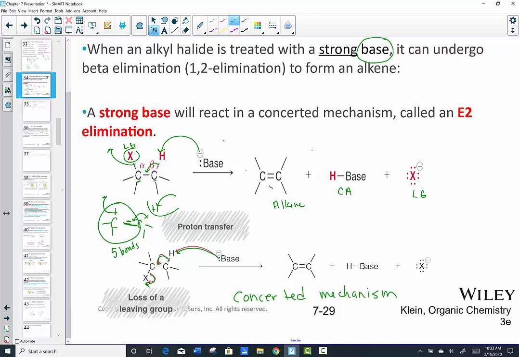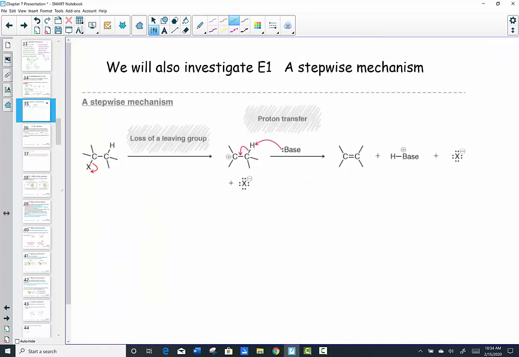That's the driving force behind the leaving group getting shoved out, so that carbon retains only 4 bonds. So when that bond collapses, forming an alkene, the leaving group must leave to create 4 bonds on the carbon, the most stable configuration. Again, a very concerted mechanism, an E2 bimolecular collision.